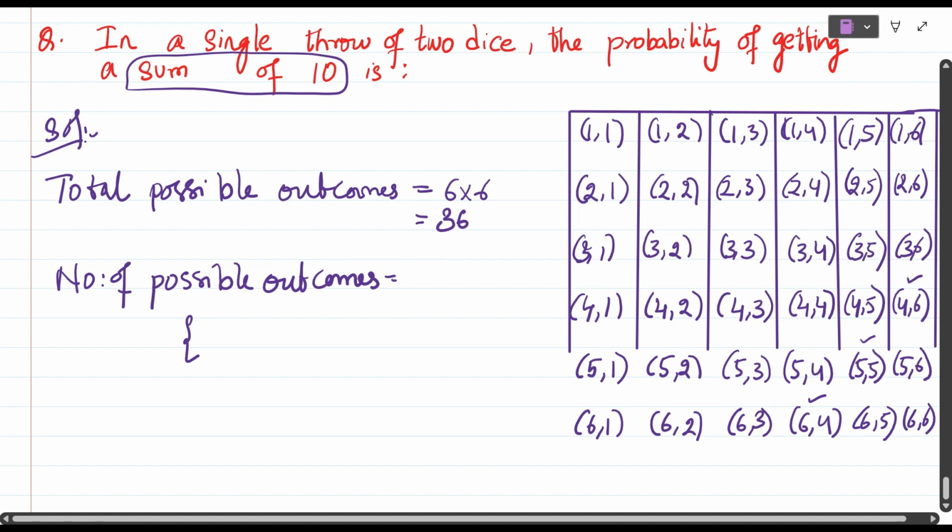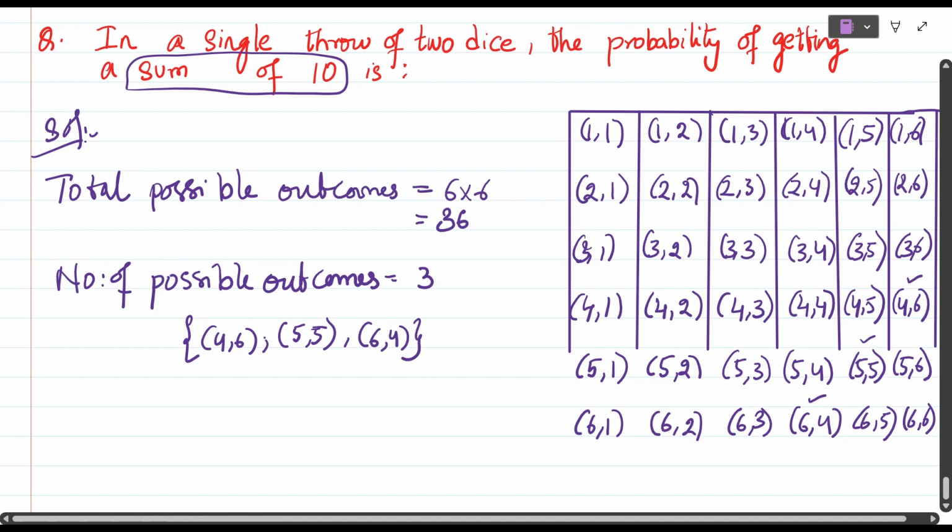Clear? Did you understand, students? So how many chances are there? Here you write the possible outcomes: 4 comma 6, 5 comma 5 and 6 comma 4. Clear? So in total, how many are there? That is 3.